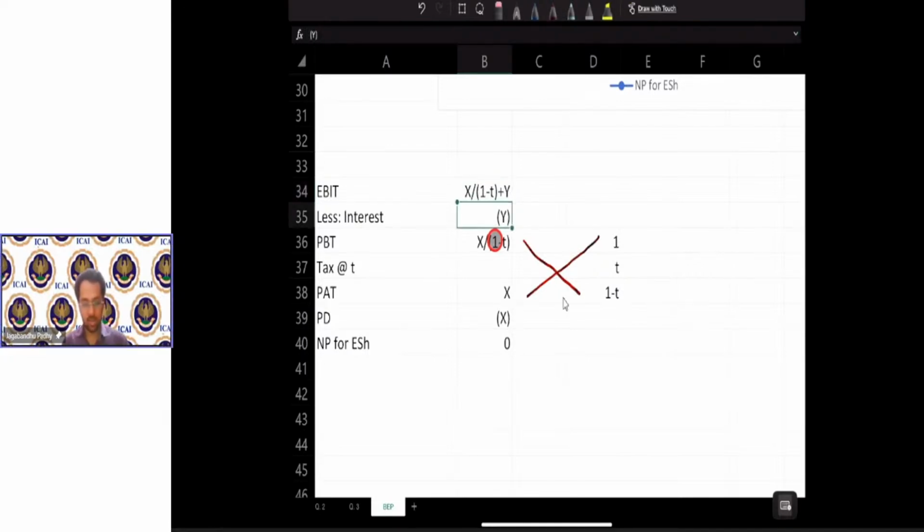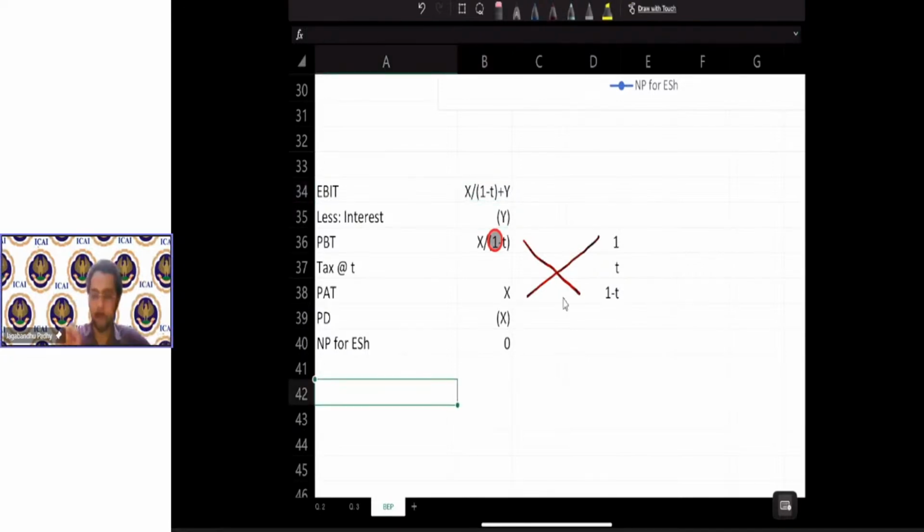So this is the financial break-even point, the EBIT at which your net profit for equity shareholders is zero.